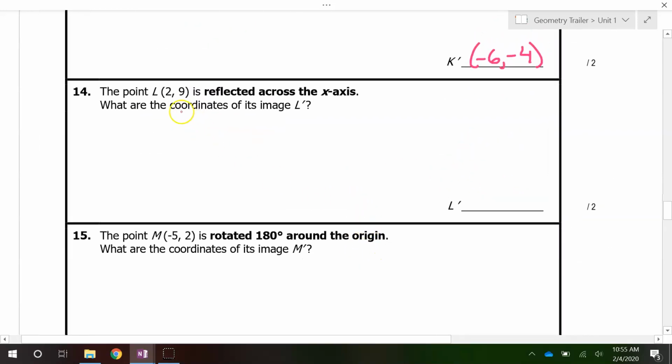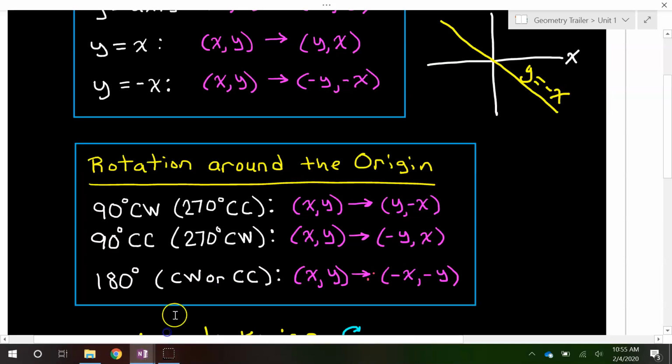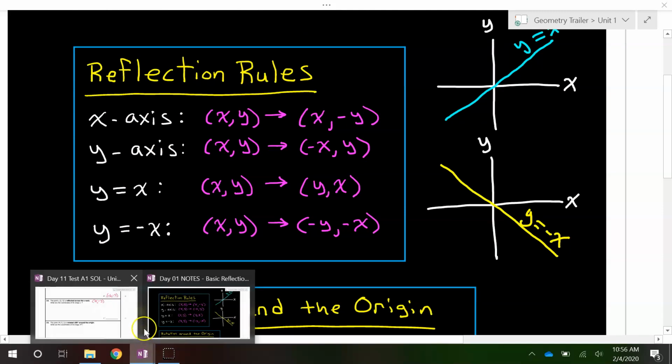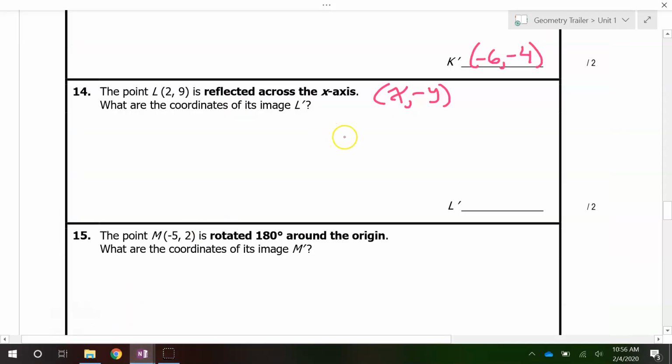All right, number 14. We are reflecting across the x-axis. The rule for that is x, opposite of y. All right, again, I'm just glancing that right from the rules. X, opposite of y. Make sure you have that memorized. So x is 2, and the opposite of y is -9.